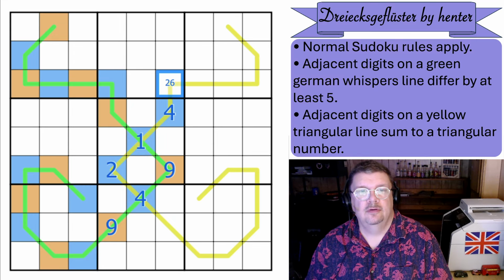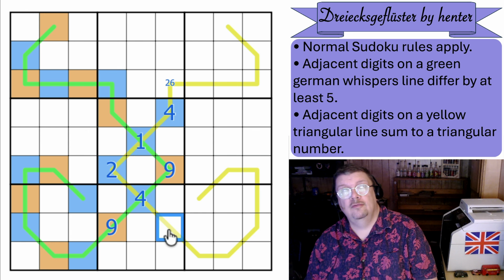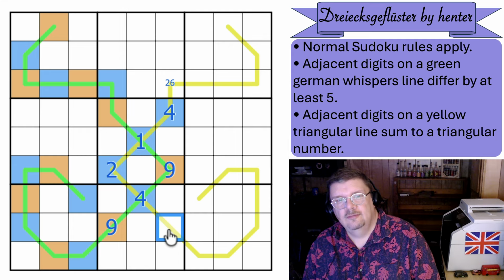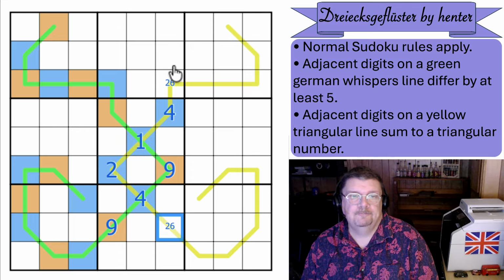That seems like it could go either way. 4 gives us 6 or 2, right? 4 plus 2 is 6. 4 plus 6 is 10. So yes, that gives us a 2-6 pair here.